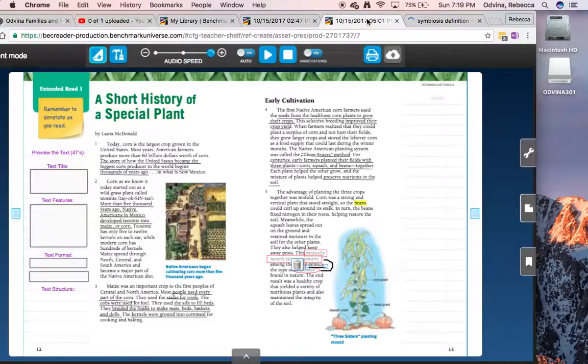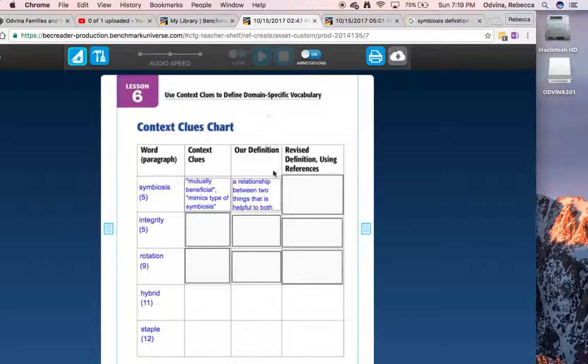So now I'm going to go back to here, and I'm going to revise my definition using my reference. Interaction between two different organisms living in close physical association. And they were talking about how the corn, beans, and squash lived in a really close physical association, and it was an advantage to all three plants.